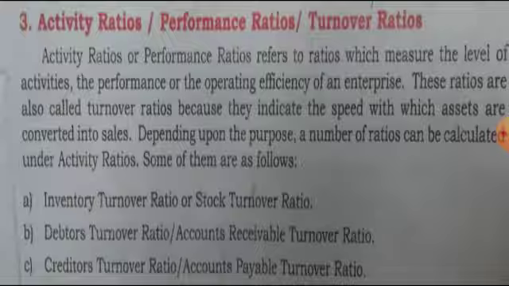So here the different ratios are given. One is inventory turnover ratio, and as I already said, inventory is also known as stock. So stock turnover ratio, and debtors turnover ratio, otherwise known as accounts receivable turnover ratio, and then creditors turnover ratio or accounts payable turnover ratio.